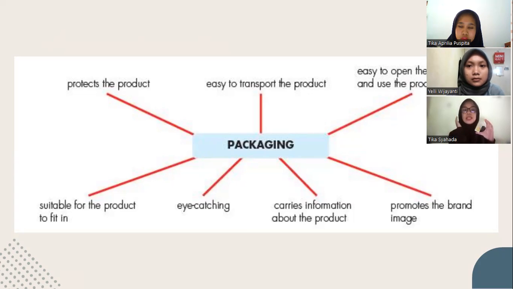So by just seeing the packaging, the customer knows the function or the information about the product, like for example the ingredients or something like that. And next, the packaging must promote the brand image, like this one. There is their brand image, my baby. Okay, next.